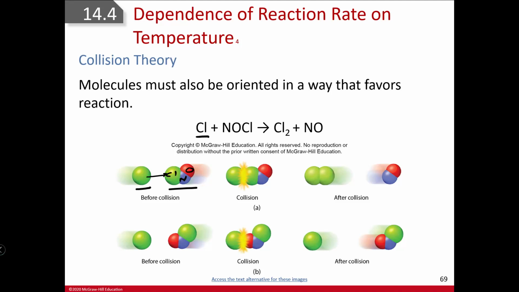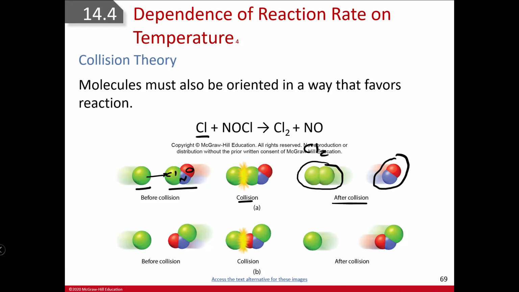That's the collision. And then the chlorine breaks away from the nitrosyl chloride, and now we have diatomic chlorine, which is its natural state. And the nitric oxide shoots off to the side here. That's an effective collision. That's a chemical reaction. We have new products being formed here.